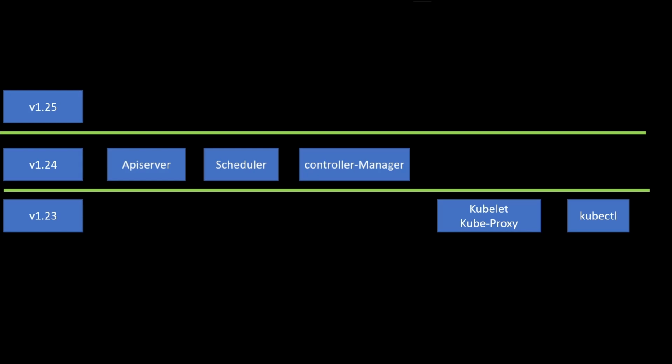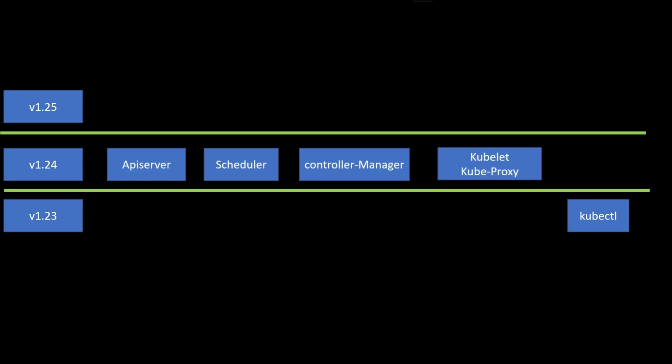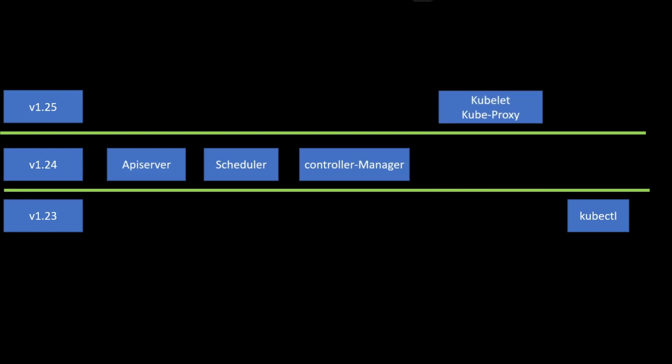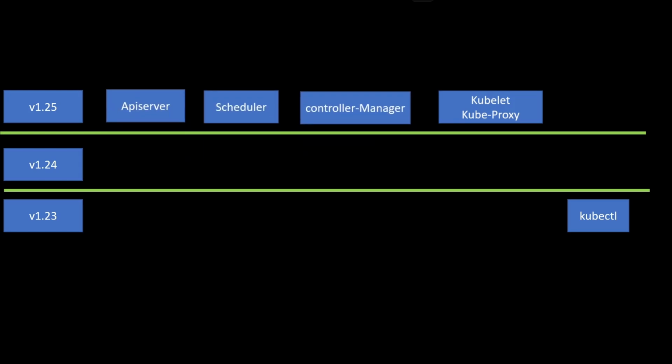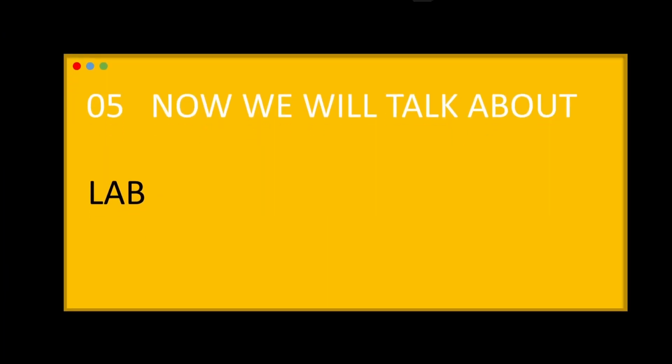However, for kubelet and kube-proxy, we can upgrade to the next version, that is 1.25. It can be supported. And then we need to upgrade to 1.25, and in the end we will upgrade kubectl. I hope you like this animation. In short, kubectl should be upgraded at the end of our upgrade plan. Let's go to our lab section.